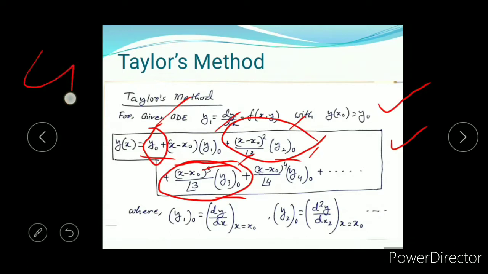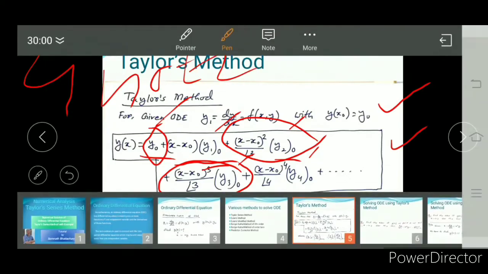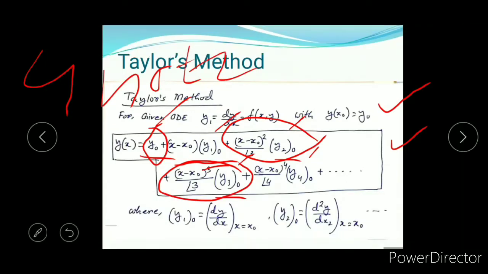So 4 non-zero is our requirement. I hope you have understood this. So if we get these 4 items as non-zero elements, that is the value will not be 0, then we'll stop our operation of differentiation and we'll get the value of y(x).